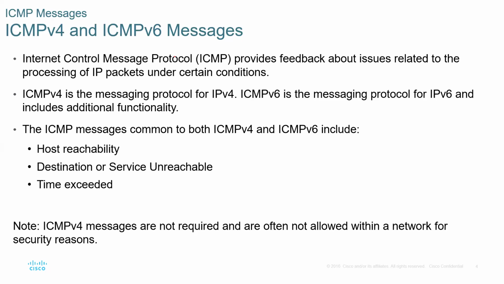The ICMP messages common to both ICMP version 4 and ICMP version 6 include host reachability, destination or service unreachable, and time exceeded. So the concept of ICMP generally is to test end-to-end connectivity of devices.